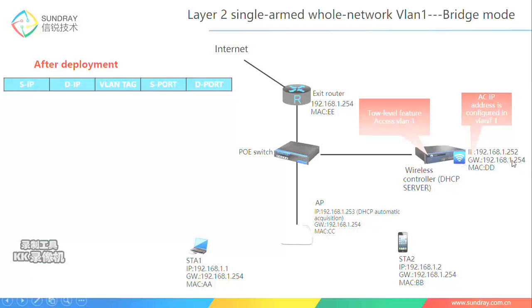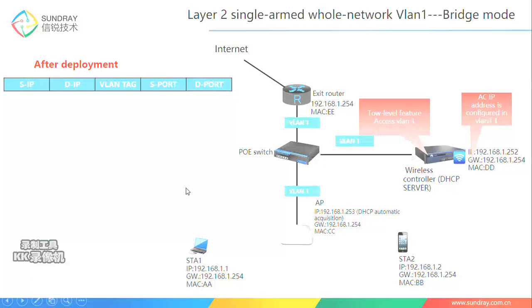The gateway here is the router, and the AP here gets its IP by DHCP from the router, 1.253. And here we set layer 2 on this port of the controller.